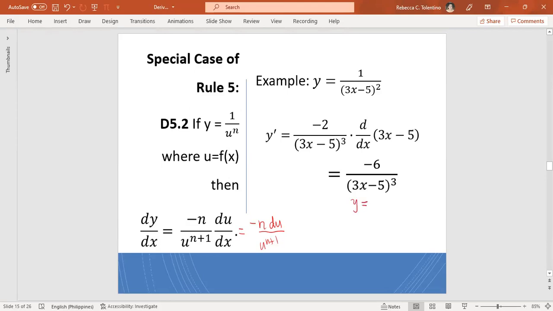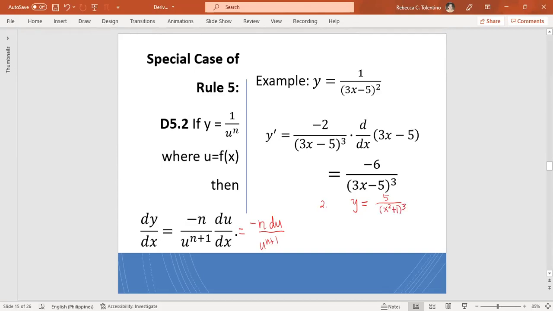So let's just illustrate this with another example, applying the other rules as well. Suppose we have y equals 5 over x squared plus 1 raised to 3.